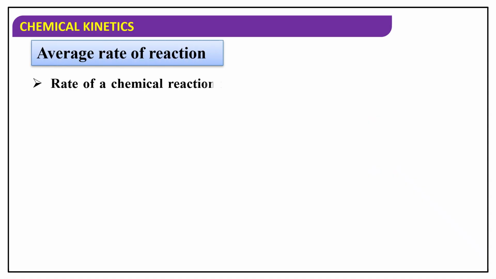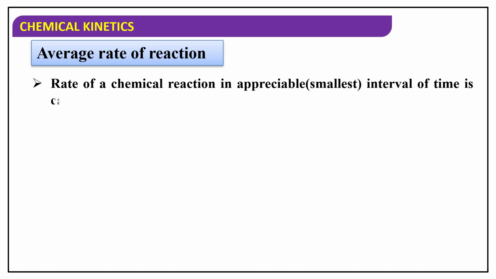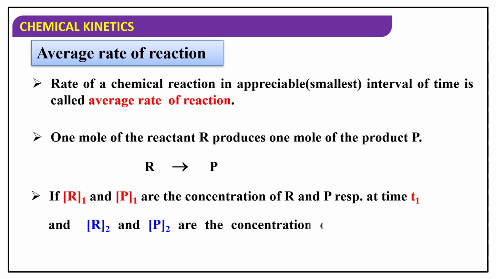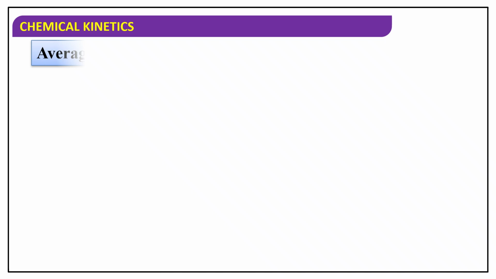Average rate of reaction means the rate of chemical reaction in an appreciably small interval of time. Take 1 mole of reactant producing 1 mole of product. Suppose R1 and P1 are the concentrations of R and P at time T1, and R2 and P2 are the concentrations of R and P at time T2.